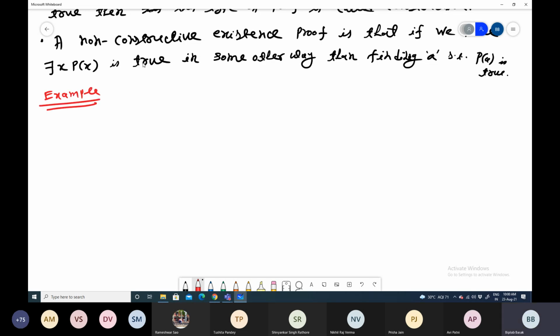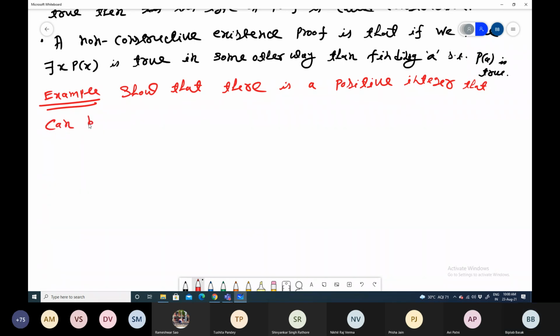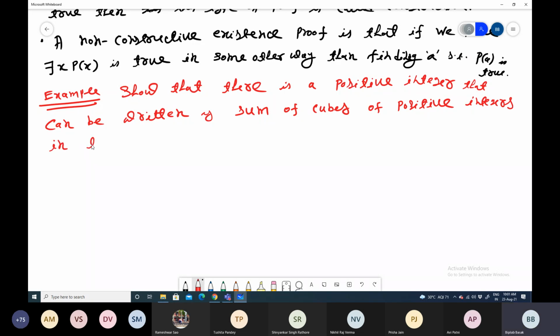Suppose the question is: show that there is a positive integer that can be written as the sum of cubes of two positive integers in two different ways.